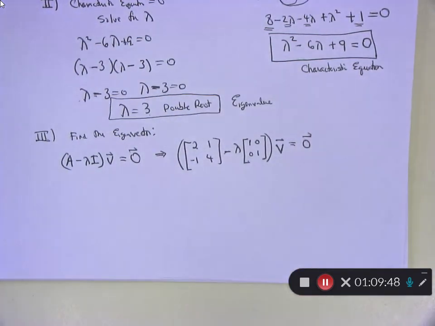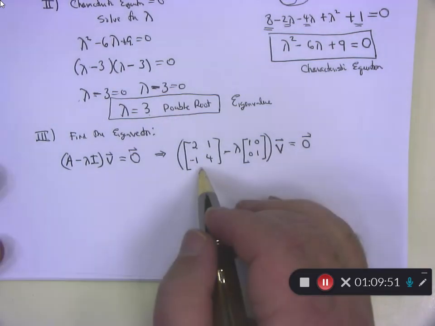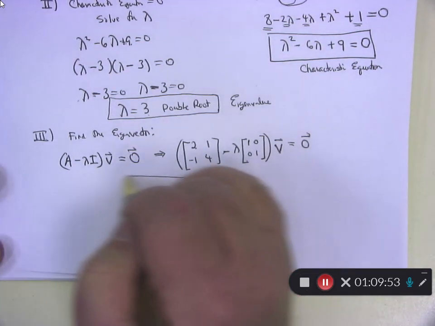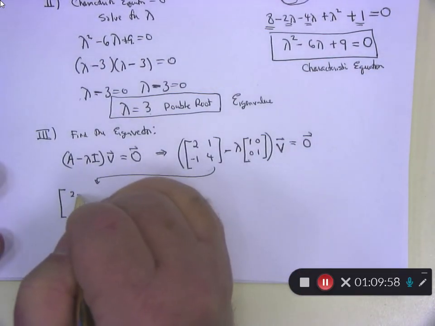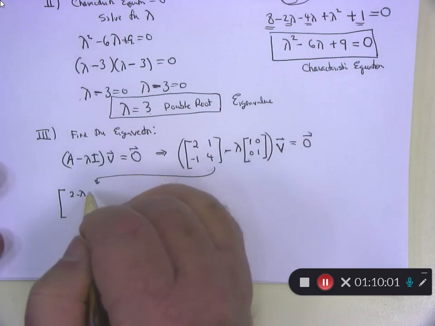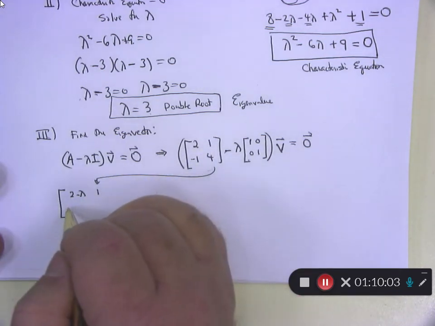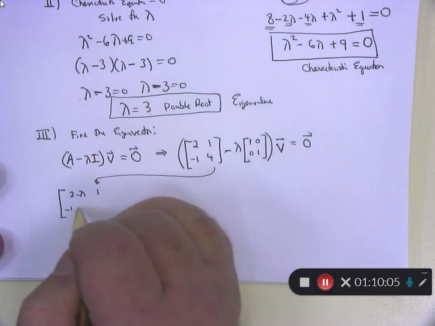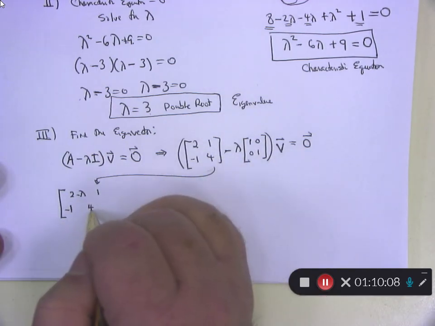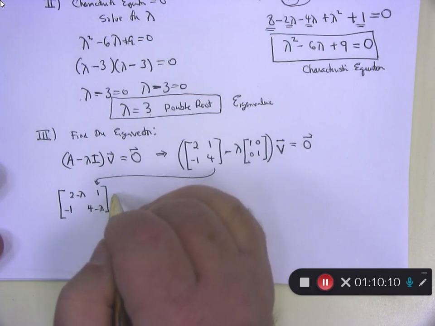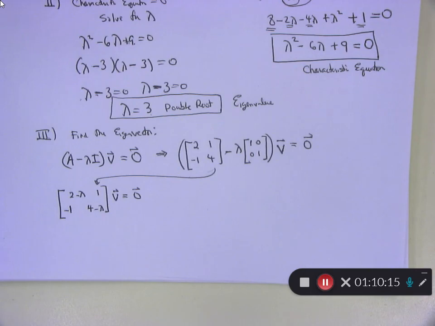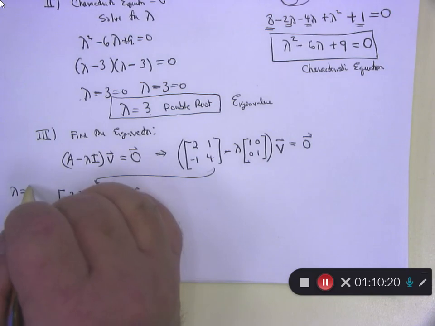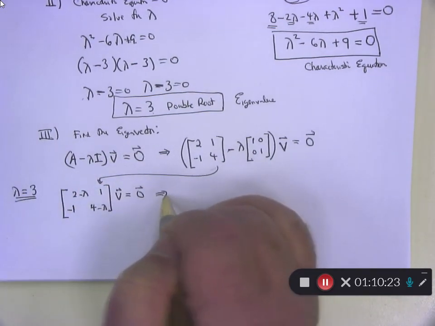I'm going to clean this part up right here. So I'm going to write him right here, just follow the arrow so I can have more room over here. This would be 2 minus lambda, 1, negative 1, and then 4 minus lambda, times vector v would be equal to vector 0. Does that make sense? Combine my terms. But what was lambda equal to? 3. So plug in 3.